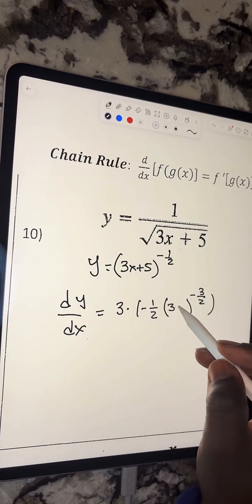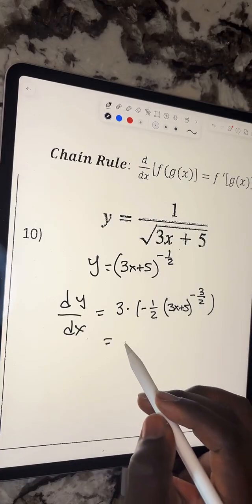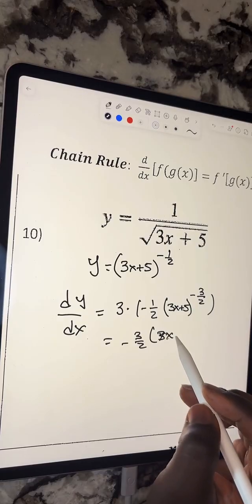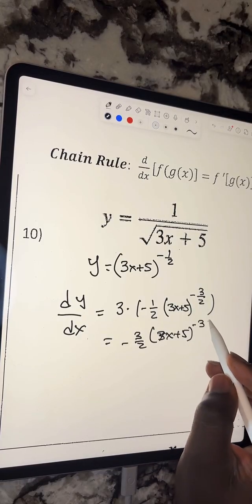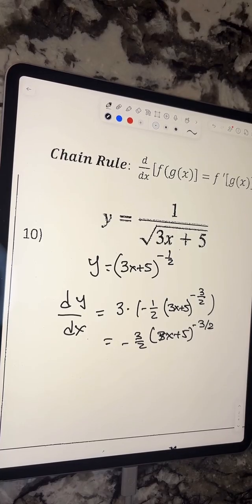And blank here is going to be 3x plus 5. So that would be negative 3 halves, 3x plus 5, times negative 3 halves. Do you guys agree with me on this?